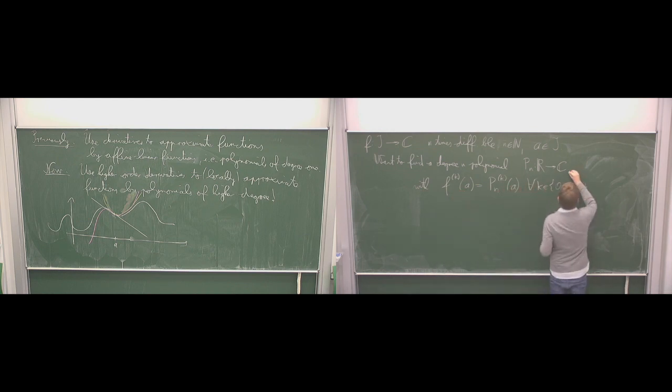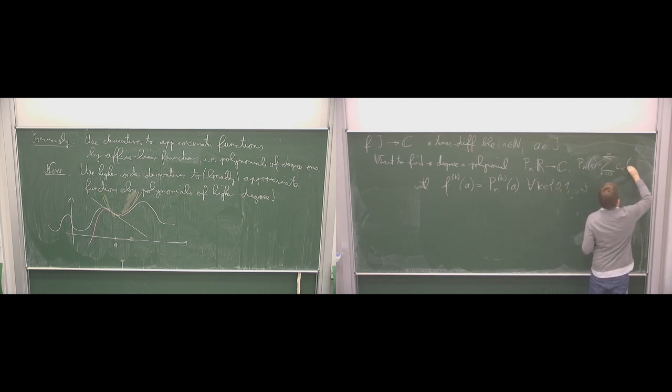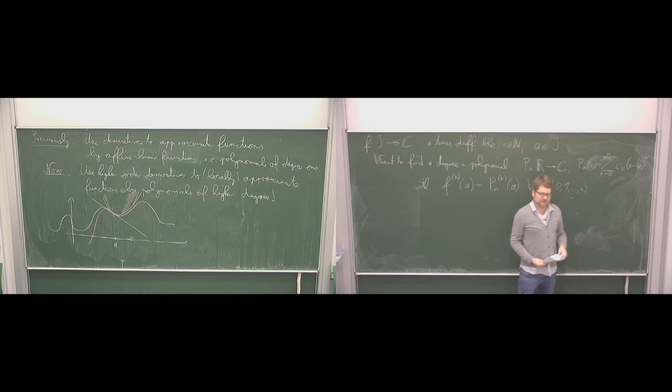So a polynomial of degree n, I write slightly differently than usual. Pn of x I write as the sum from k equal to 0 to n of some coefficients ck, but now I write x minus a to the power of k. So we just insert this additional minus a in here, and it's a nice little computation that every polynomial that you write, as we did before, like the sum from k equal to 0 to n of ak x to the k, has a representation like this as well, and vice versa.